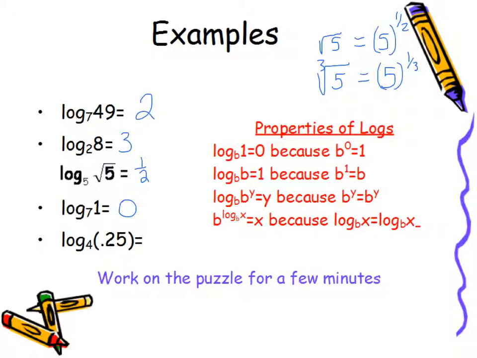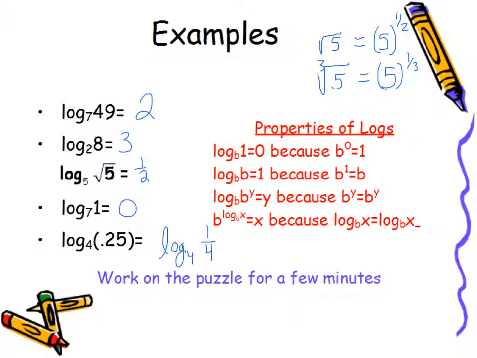And this last one here, log base 4 of 0.25, we're getting gradually harder. That's kind of weird because it's a decimal. So what I would probably do is look at that as a fraction. Let's look at it as log base 4 of 1/4. Let's see if that helps.